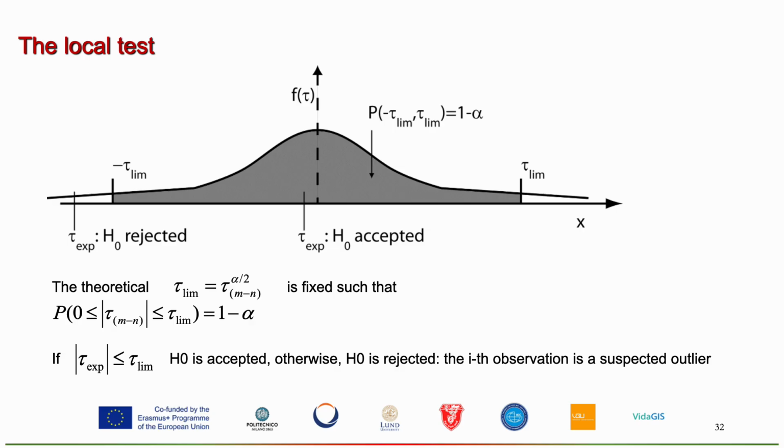If the modulus of the experimental Thompson value is bigger than the threshold, you have to reject H0. Please note, it is quite obvious, but put specific attention to the fact that it is a two-tail test. This means that the H0 hypothesis is rejected both if the normalized residual exceeds positively or negatively the threshold values.